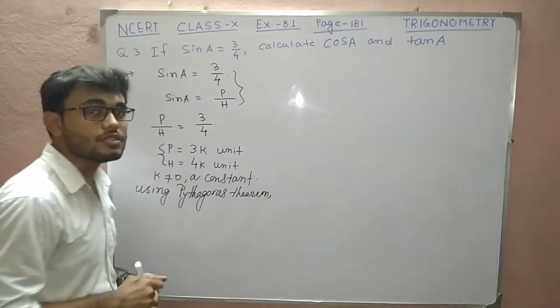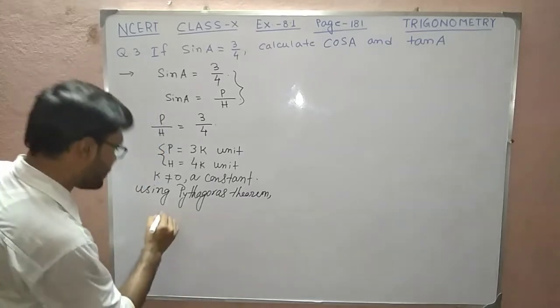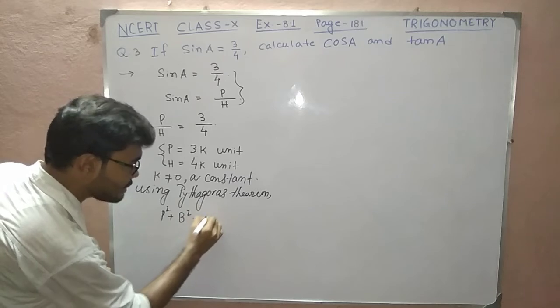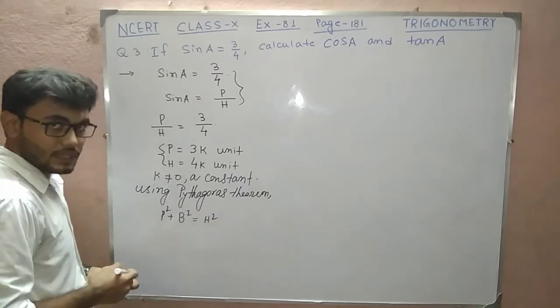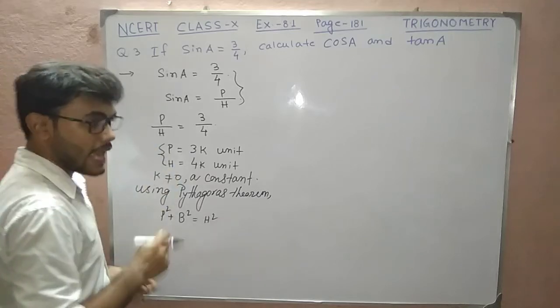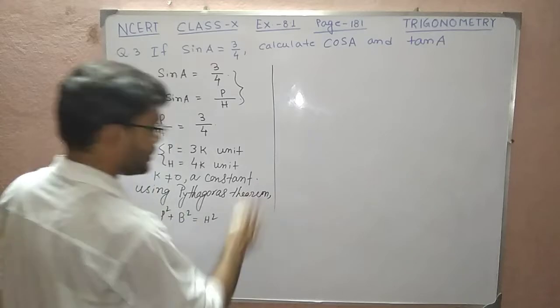all of us know the Pythagoras theorem: perpendicular square plus base square equals hypotenuse square. In this equation you have to put the values of perpendicular and hypotenuse.